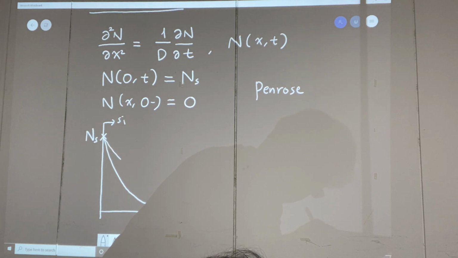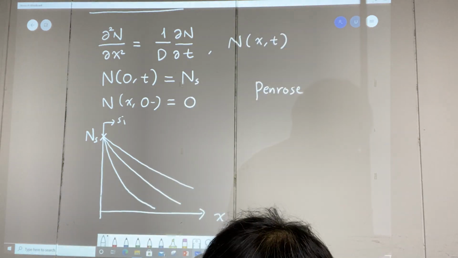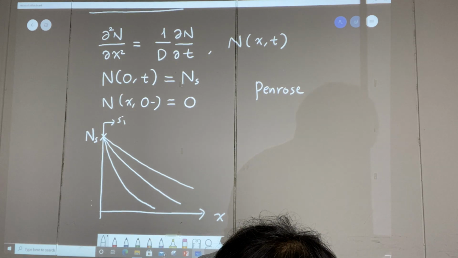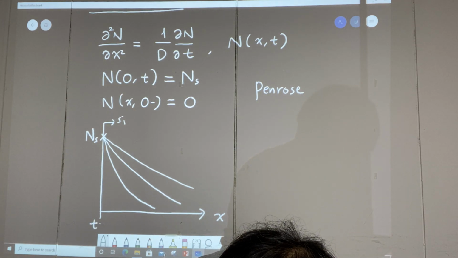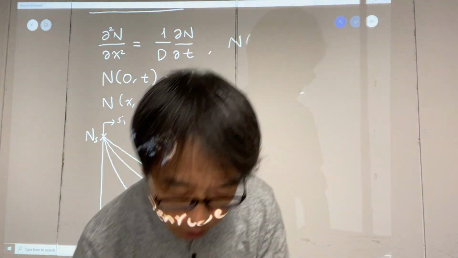And diffusion will go more and more into the body of silicon as time goes by. So this is the T equals 0 minus, remember, before diffusion occurs.